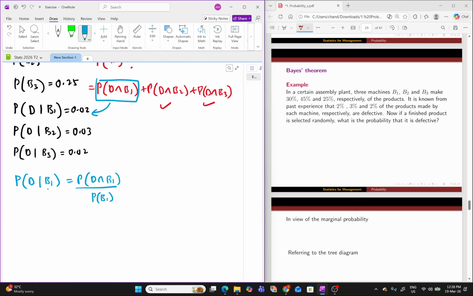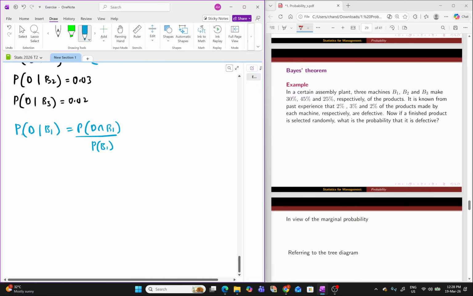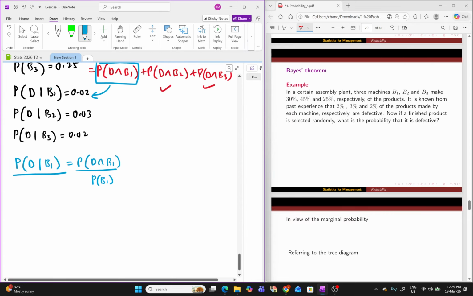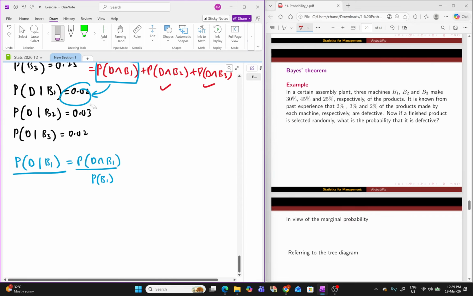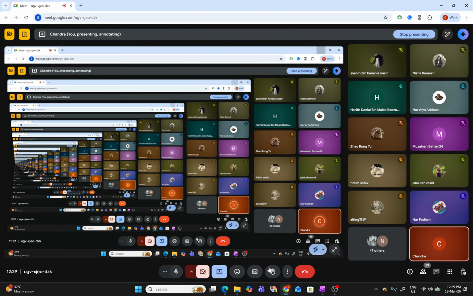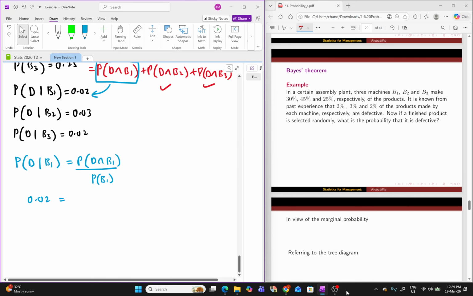The formula for conditional probability is like this. Now what is this one? Given here, 0.02. This one we don't know, we're going to find this.